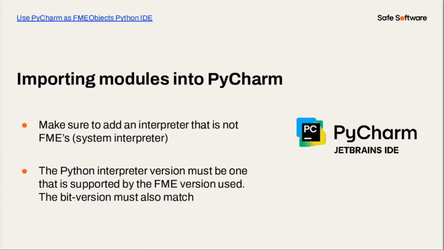The Python interpreter version must be one that is supported. For example, if you're using FME 2024.1, you'll have to install Python 3.12 for it to work. The bit version must also match. Mostly we use 64-bit, but if you use 32-bit, it usually comes with it, so you don't have to worry; you just have to set it to 32-bit.